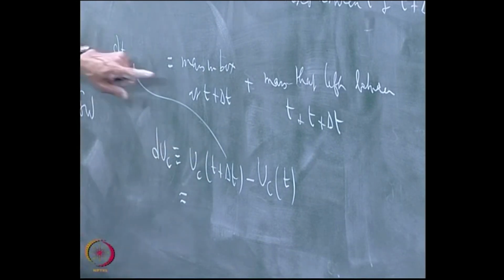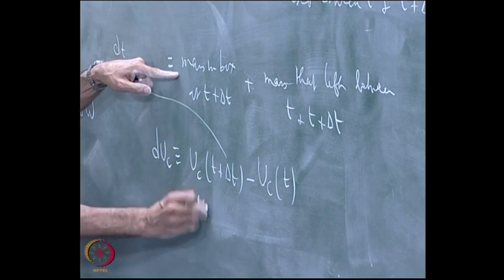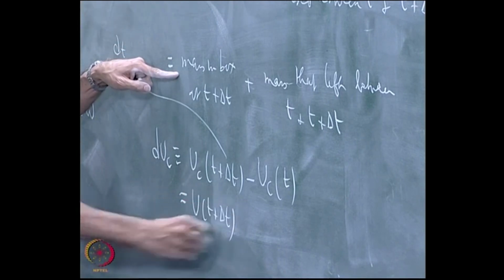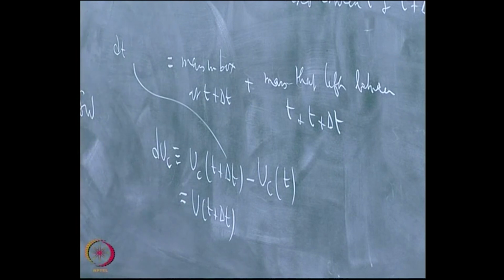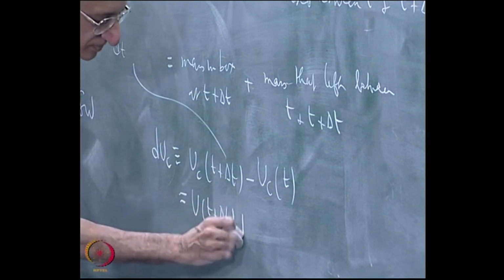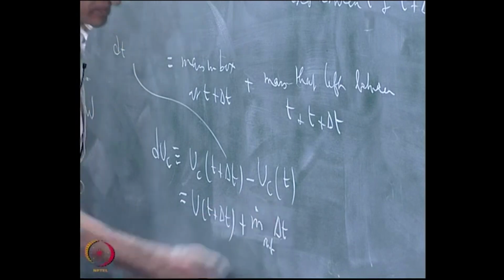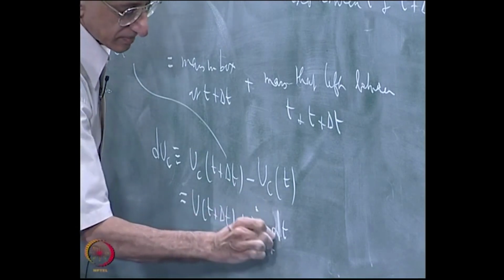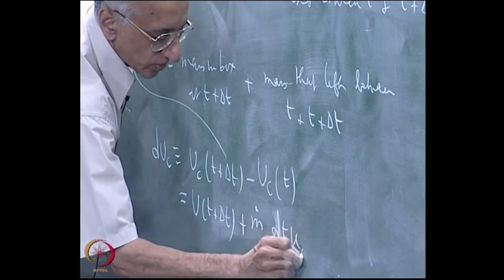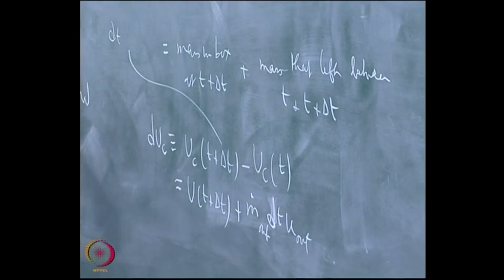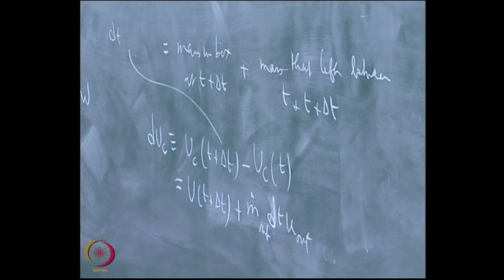U closed system at t plus delta t is U of the open system at t plus delta t. For open system is my system of interest, so I do not put any subscript on it, plus mass that left. What is the mass that left? It is the rate at which mass is leaving times delta t or dt, into u. This small u is the specific internal energy of the mass that is leaving, which means it is the internal energy per unit mass.